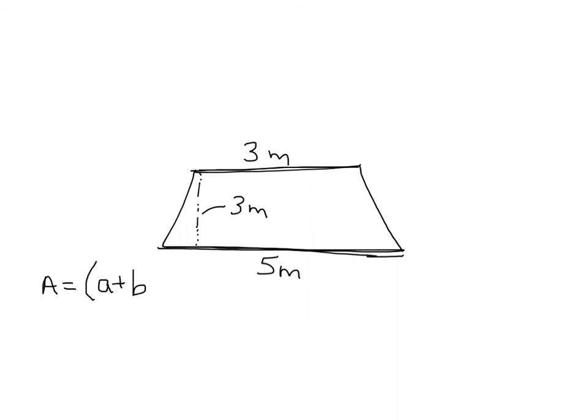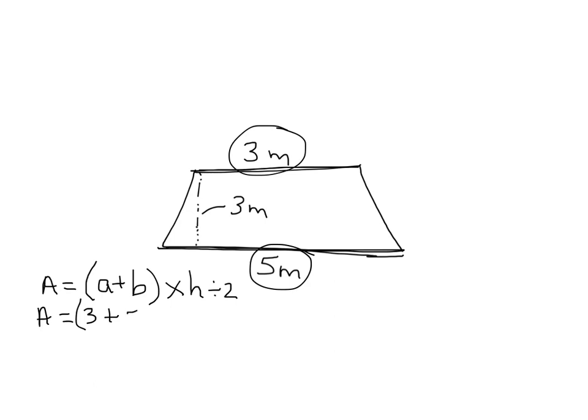So side A plus side B times the height, and then you divide that by 2. Plugging those numbers in, side A we said was 3 meters plus side B 5 meters times the height, which is 3, and then you divide that by 2.